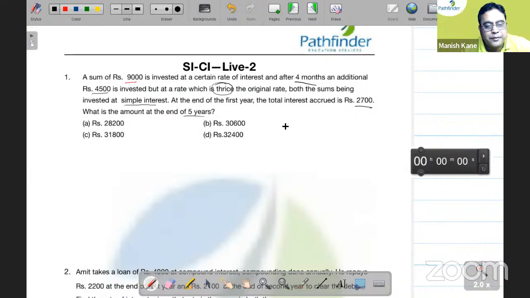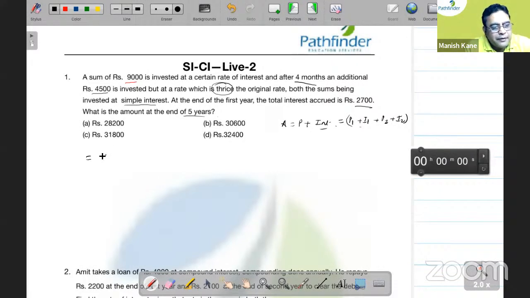Now, the first thing you remember is amount is nothing but principal plus interest, correct? So here there are two principals and two interests. So amount will be principal 1 plus interest 1 and principal 2 plus interest 2, right?